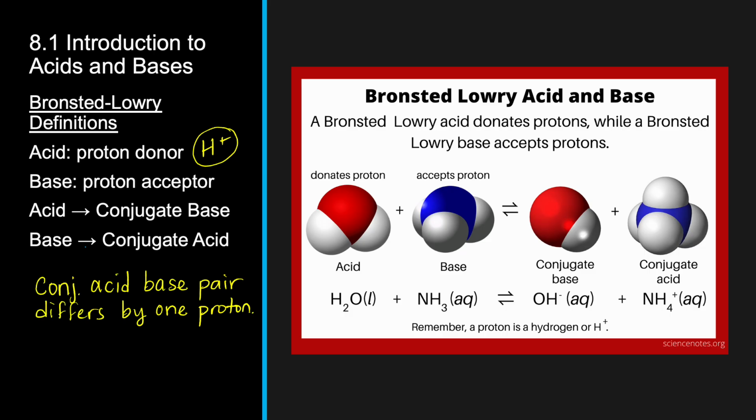So if you were looking at this equation on the right here and you were asked to identify a conjugate acid-base pair, you could use NH3 and NH4 plus because they only differ by one hydrogen, or you could use H2O and OH minus.